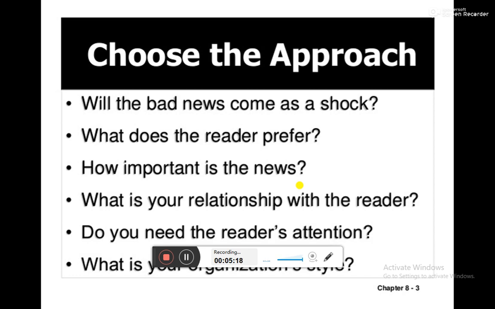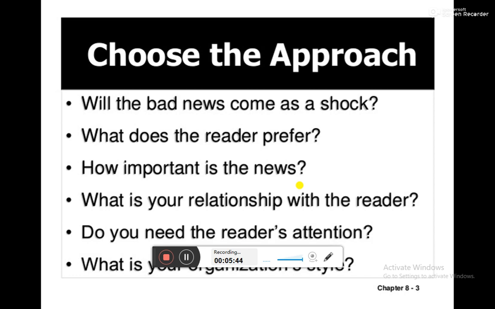If the situation is an emergency, or if someone has ignored repeated messages, the direct approach can be helpful. You get the attention quickly. Ask yourself, does the recipient prefer a direct style of communication? Some recipients prefer the direct approach no matter what. If you know this, go direct.